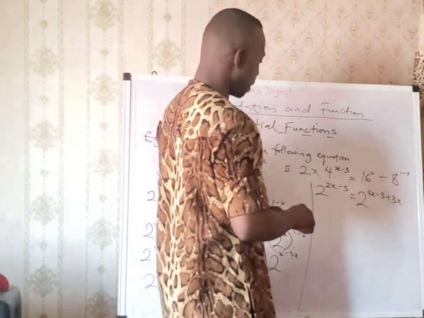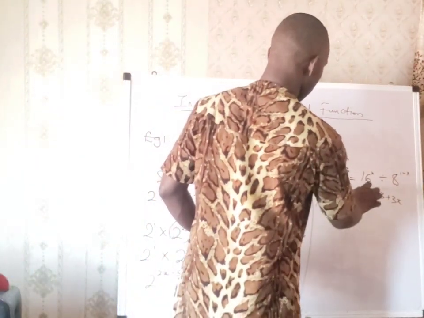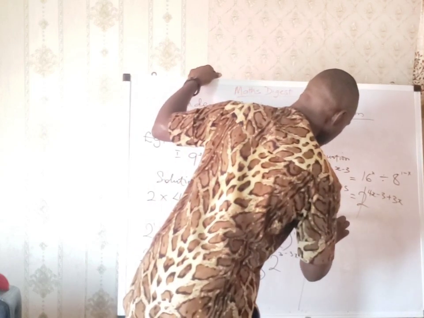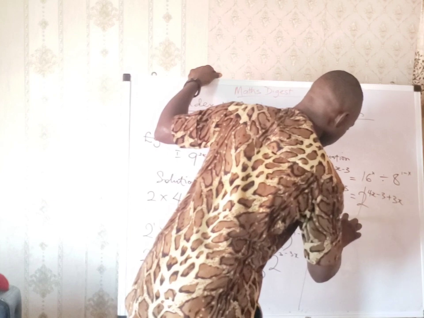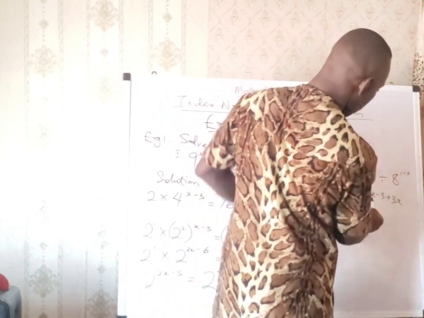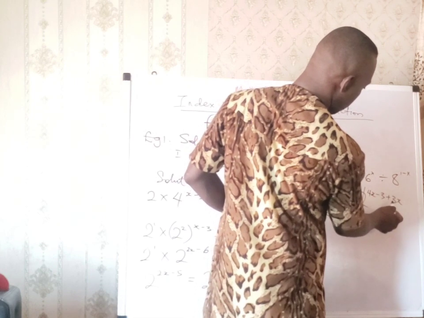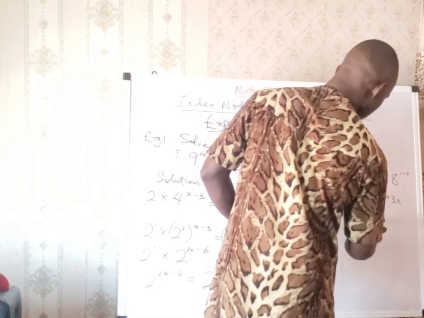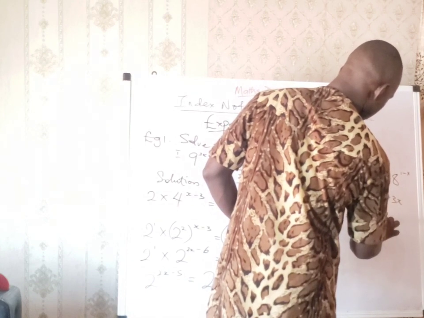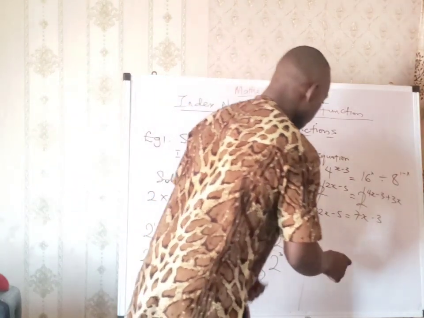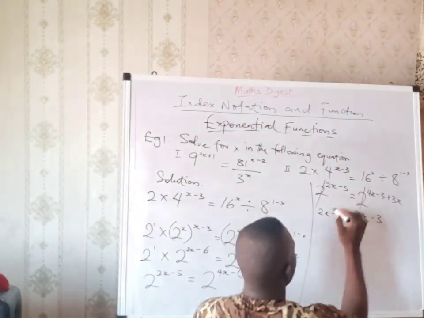From here, we see that the bases are common. We cancel out. Bringing down the index, we have 2x minus 5 equal to 4x plus 3x, we have 7x minus 3. So from here now we can say collect like terms.